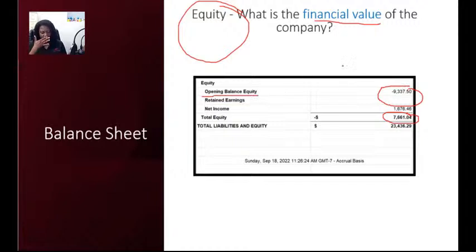connect your bank account for the first time to an accounting software, and you've had transactions that started before you connected it. Let's say you connected with a date as of March 1st. If you had any transactions on that credit card prior to March 1st or on that bank account prior to March 1st that you didn't bring in, then your accounting software is going to automatically create an entry called opening balance equity.